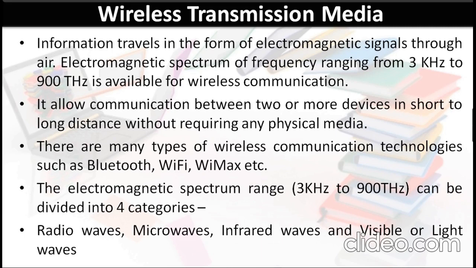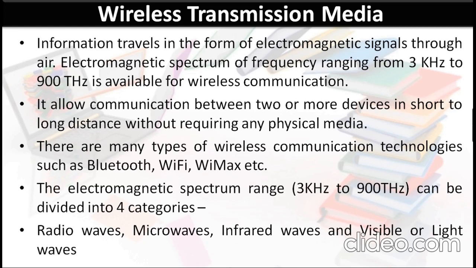So we are passing all the electromagnetic signals through the air, and for that we are using the spectrum of the frequency from 300 kilohertz to 900 terahertz. So this is the range which we have for wireless communication, and two or more devices are allowed to communicate via this wireless transmission for short distance, for longer distance, and without requiring any physical connection.